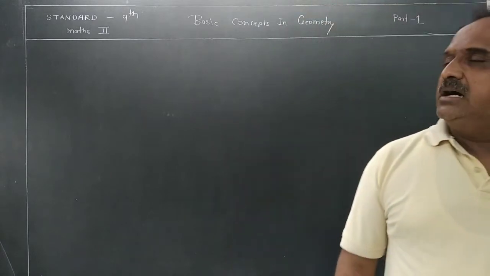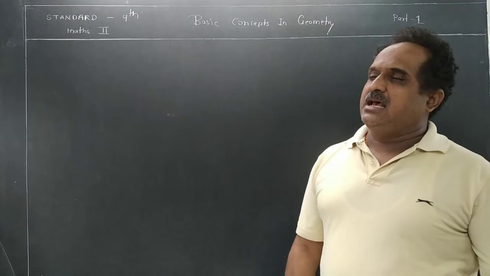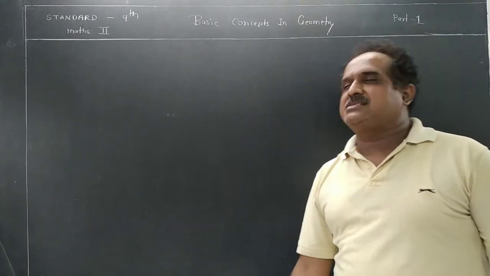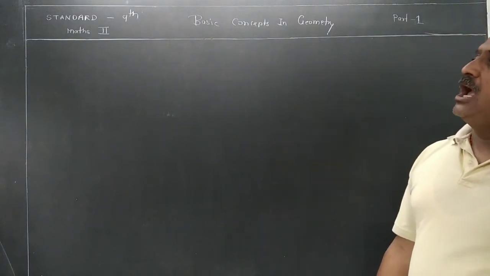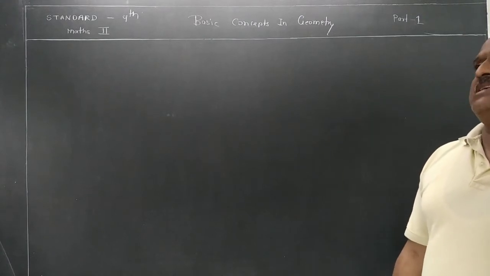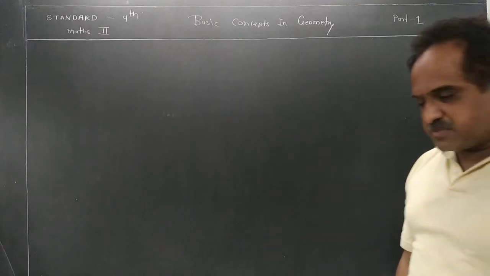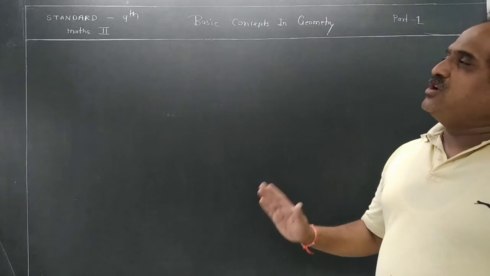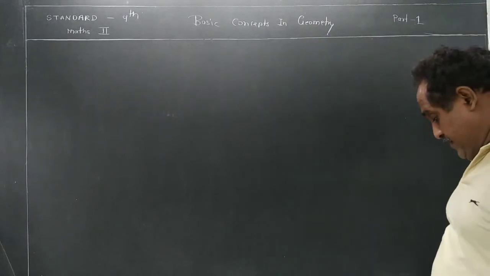Same thing with triangles, similar triangles and congruent triangles. In similar triangles, the first part is in 9th standard, the second part is in 10th standard. Coordinate geometry is the same thing, mensuration is the same thing. So students, we have to study geometry in detail only in 9th standard. This is the starting, as I told you in Maths 1 also, we are not going to study only for 9th standard, this is there for 10th standard.